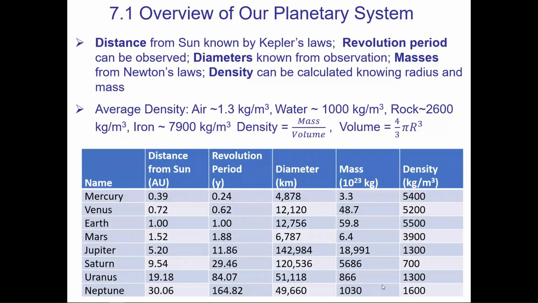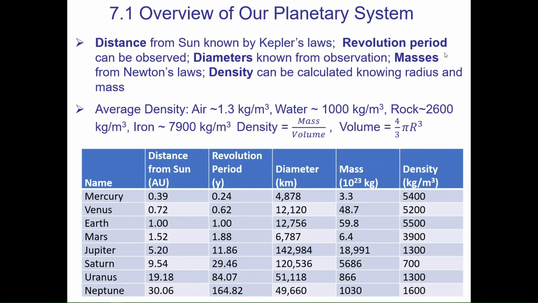I hope you still remember what we learned in a previous chapter about Kepler's laws and Newton's laws. We're able to get the distance of a planet from Kepler's third law, because we can observe the revolution period.